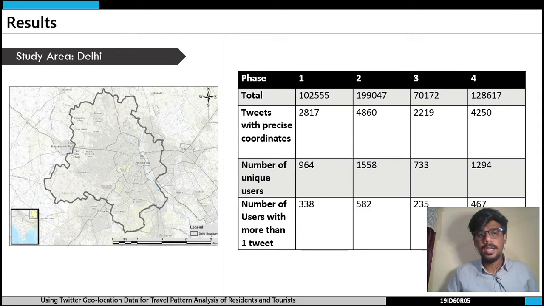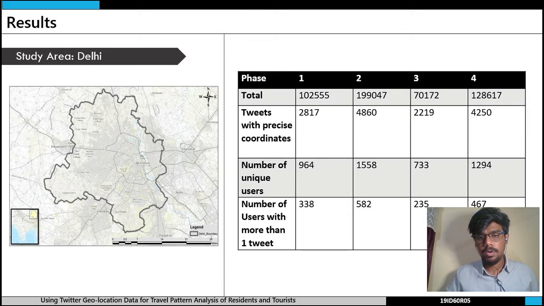My study area was Delhi, and I also included the NCR region because most of the people working in this area are not tourists, so I went ahead with the NCR region also. This was a four-phase data collection, as I divided the month into four phases to collect the data.